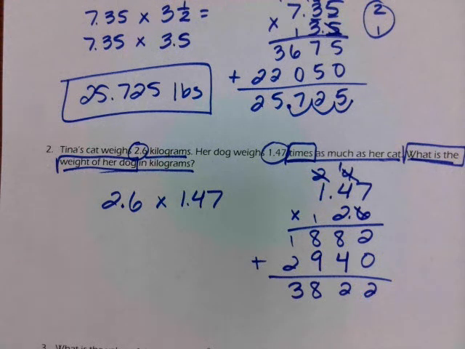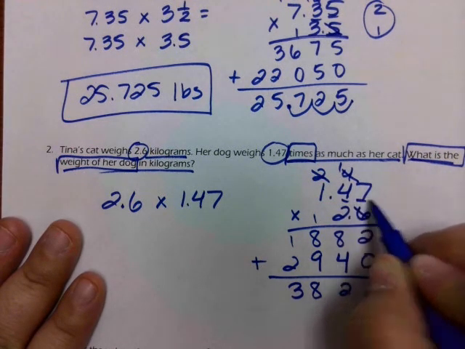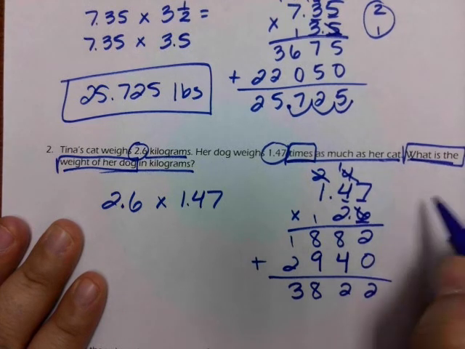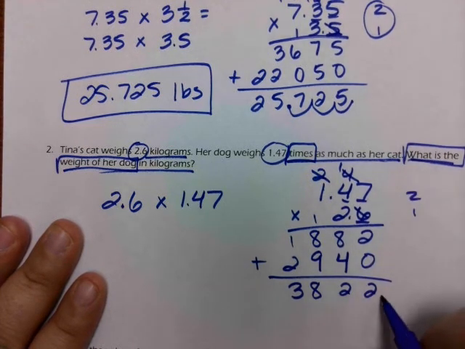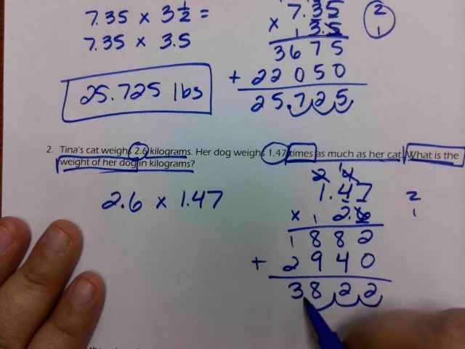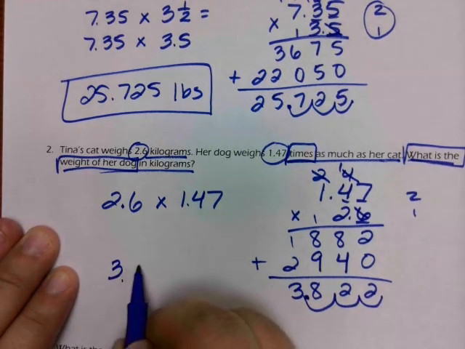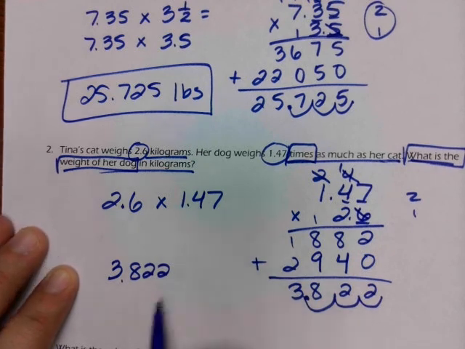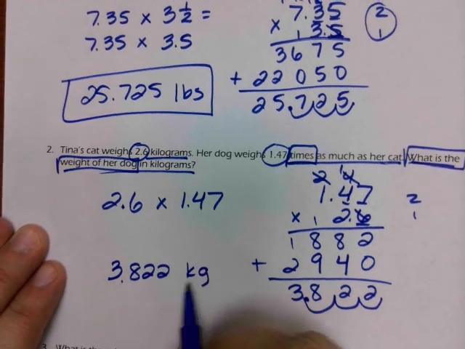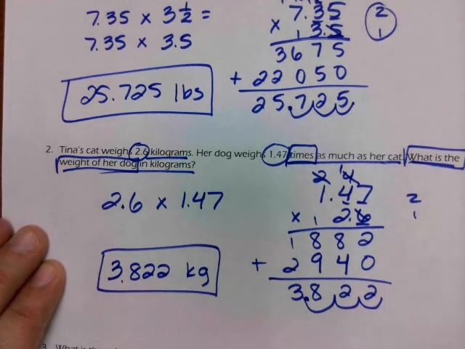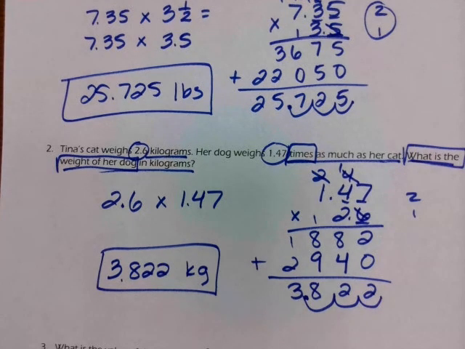So in our first number, we've got 2 numbers past the decimal, and then we have 1. So 2 and 1 make 3, starting at the back. 1, 2, 3. And we see that it weighs 3.822, and this was kilograms, correct? Remember, multiplying decimals is just multiplying numbers and then counting your decimal places at the end.